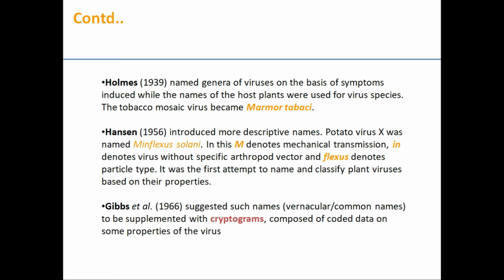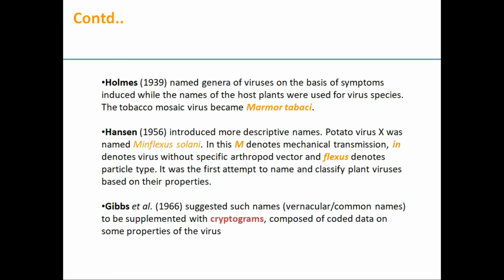Then Hansen in 1956 introduced more descriptive names. Potato virus X was named as Minflexus solani. So it is also a scientific name. Genus species concept is here, but the genus name has many codes and meanings.